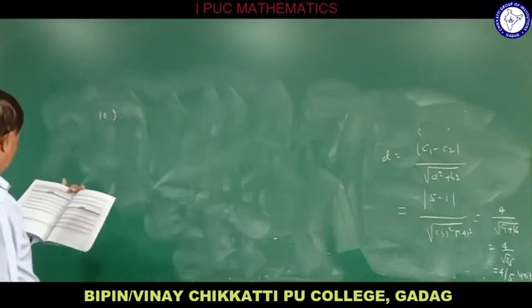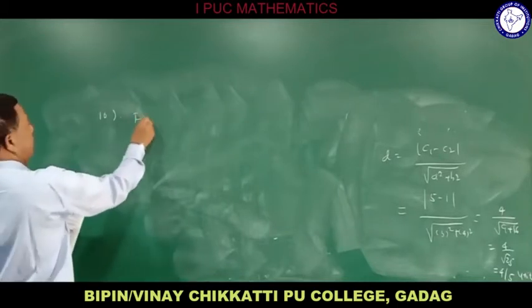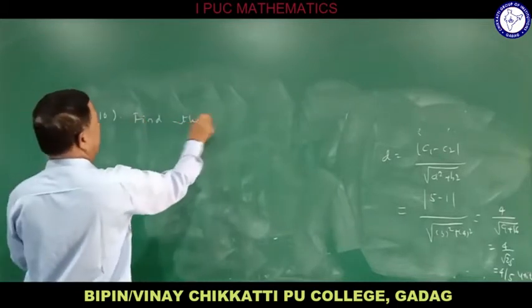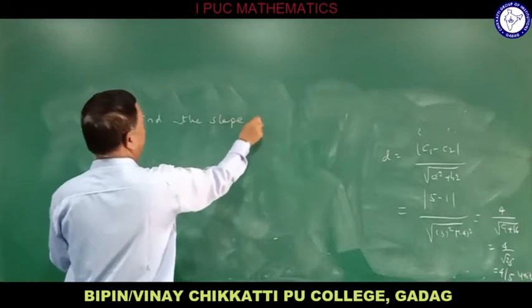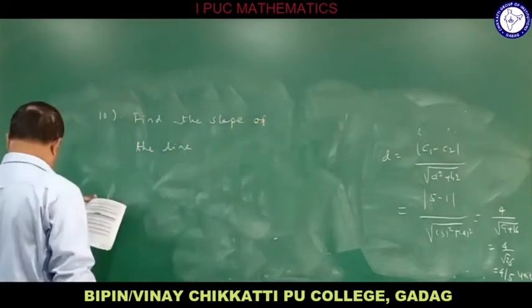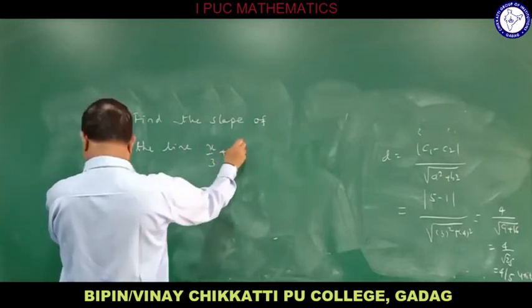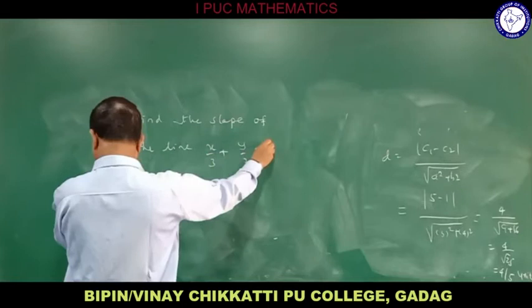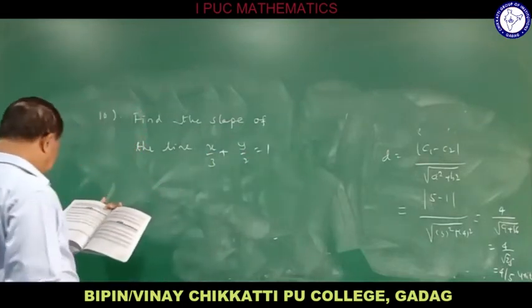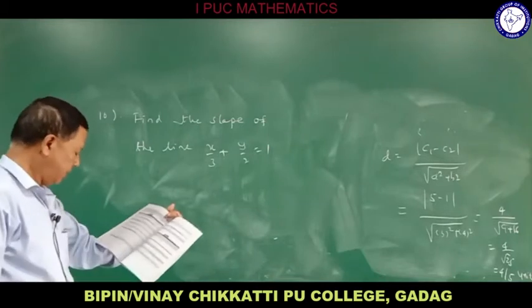Here you see, find the slope of the line x by 3 plus y by 2 is equal to 1. Here you have to see how you find the result.